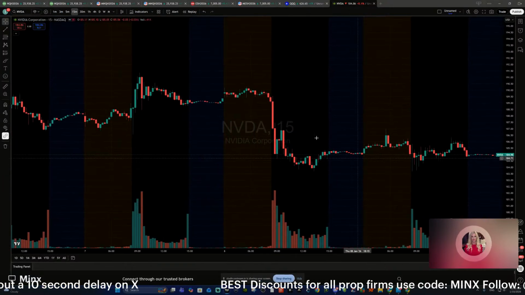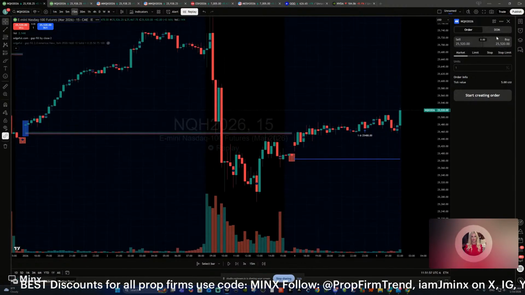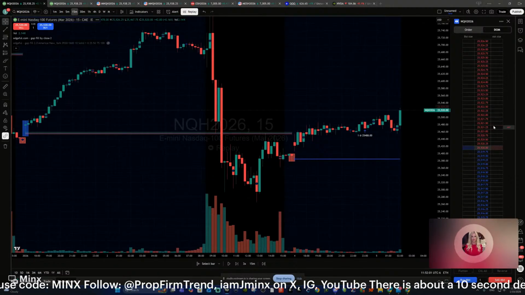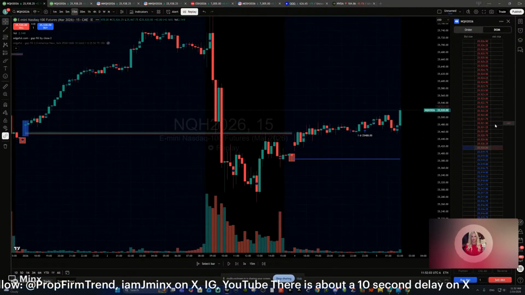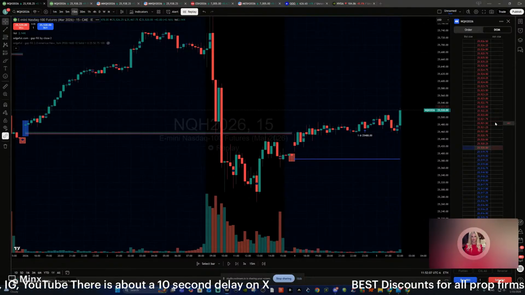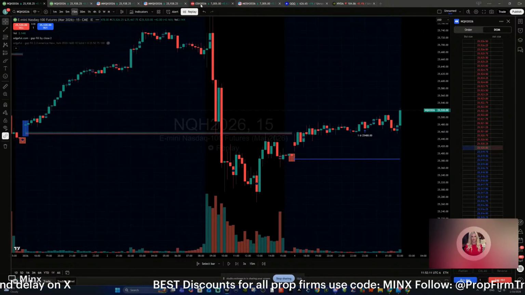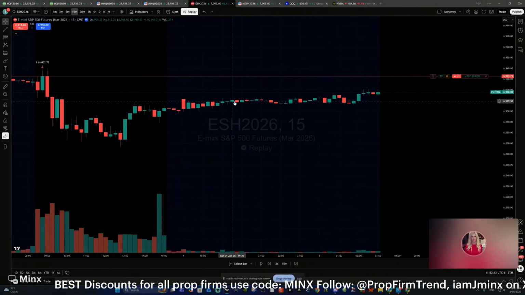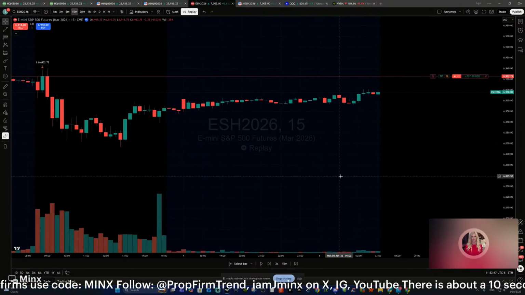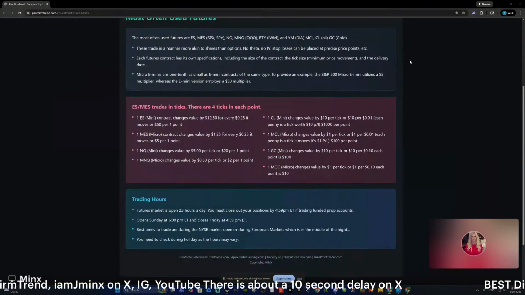The difference with futures is that each 0.25 that it moves is a specific price. So each tick has a specific value.